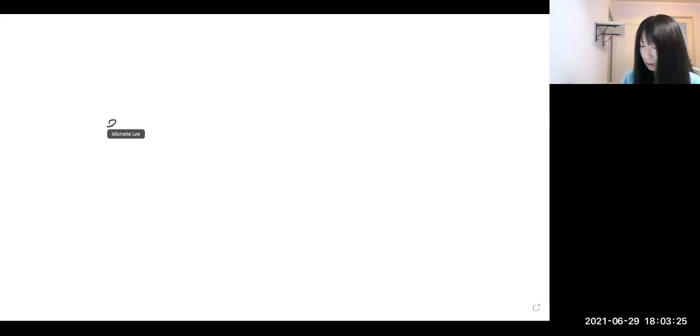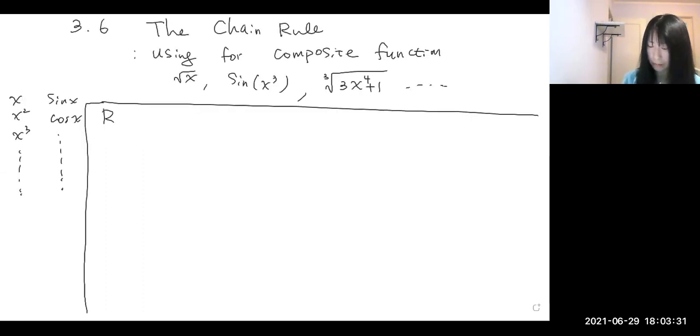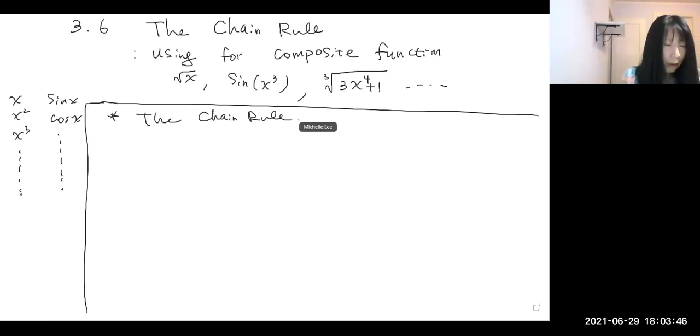The chain rule. We know f and g are functions, and let's say, for all x in the domain of g, g is differentiable at x, and f is differentiable at g of x, then we have a composite function, right?